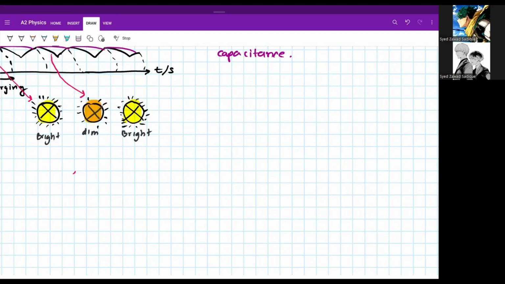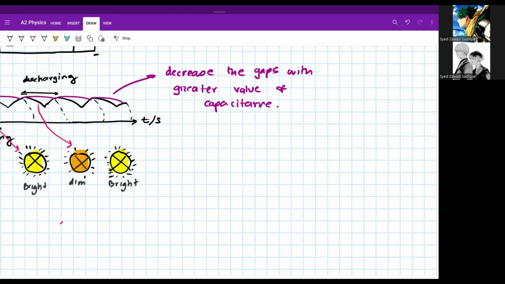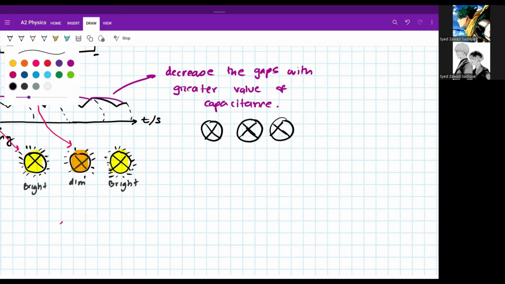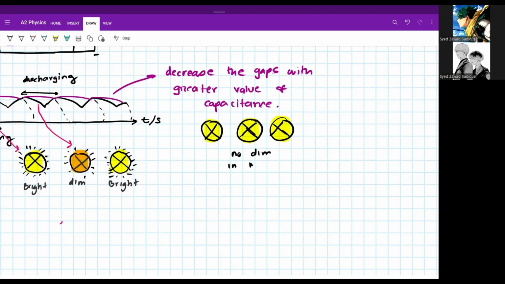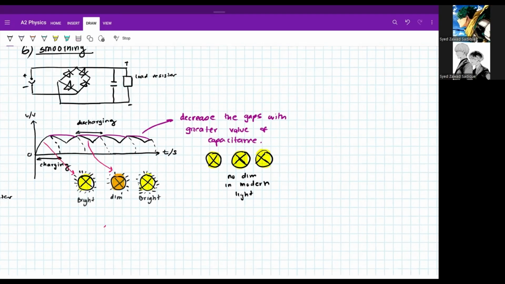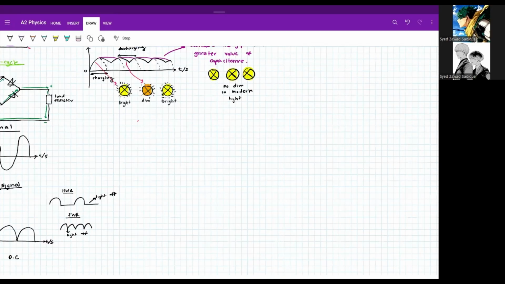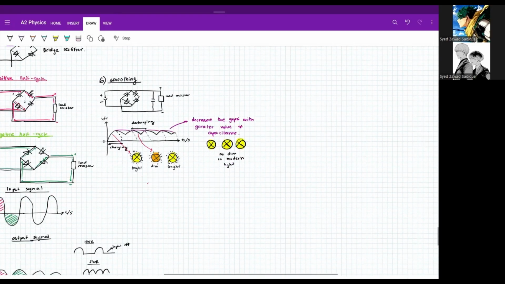Dim should be orange. However, with modern technology, the lights always have, there's no dim, in simpler words. No dim in modern lights.